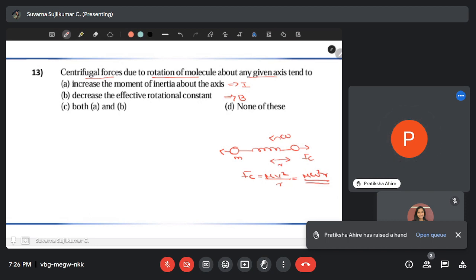So what happens to I? Since r is increasing, and I is mu r square, when r increases, I will increase. The moment of inertia will increase. What is the relationship between the moment of inertia and B? The rotational constant B and the moment of inertia are inversely proportional.